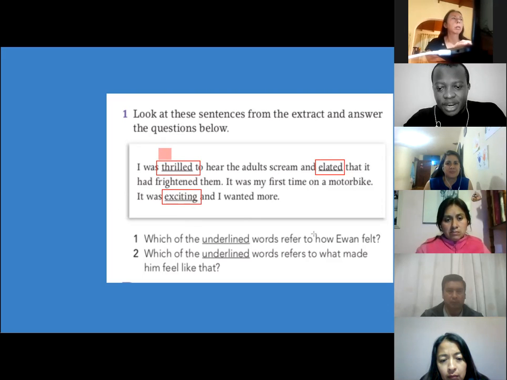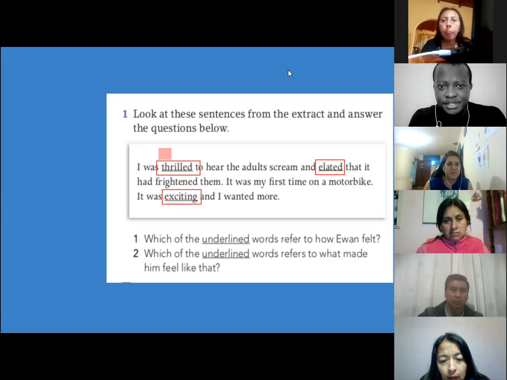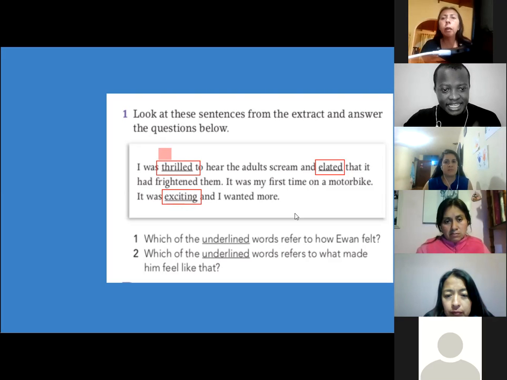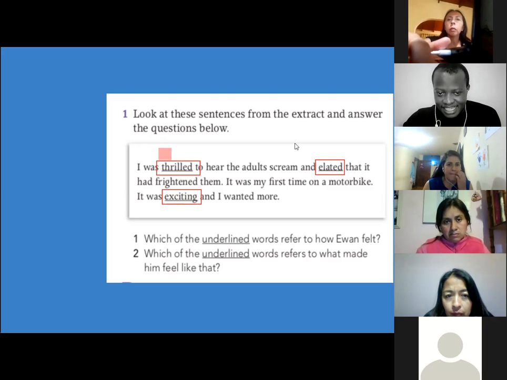Which of the underlined words refer to how Iwan felt? Which words, guys? Open the microphones and tell me. Thrilled and elated. What are they describing? The feeling which Iwan had, exactly.